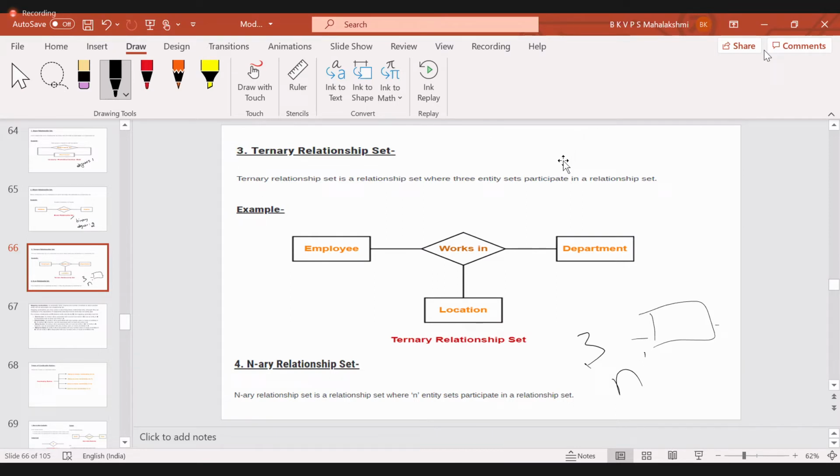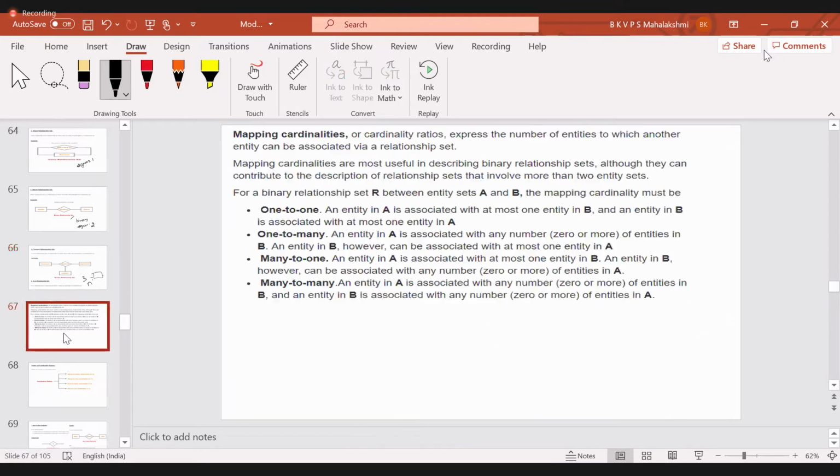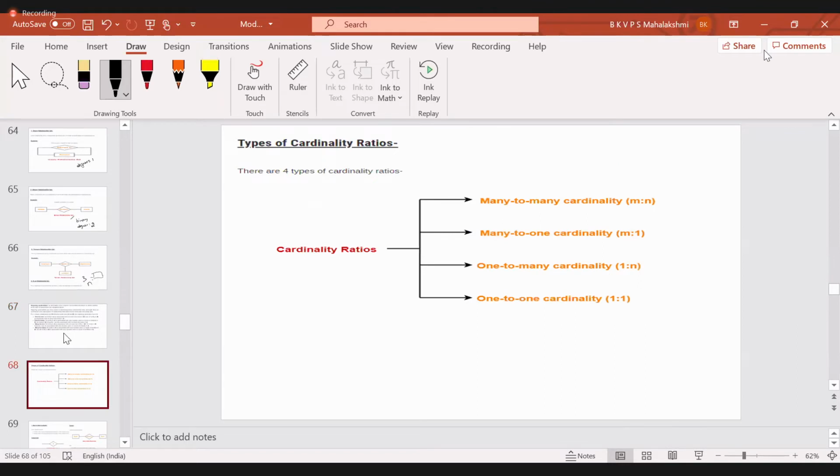Understand? Any doubts up to here? No? Okay. So this is somewhat difficult. You cannot understand at a time even the mapping cardinalities and how to know the ratios and all. But this is very much important.